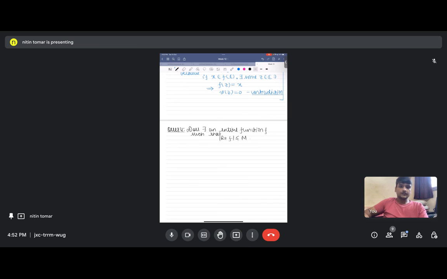Yes, this is the question, correct? Yes, sir. So which means f of c, m plus 1, m plus 2, they cannot belong to the range of f, right?